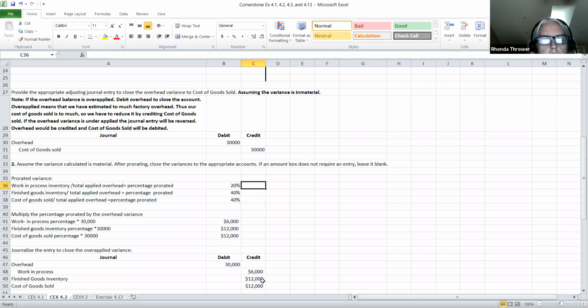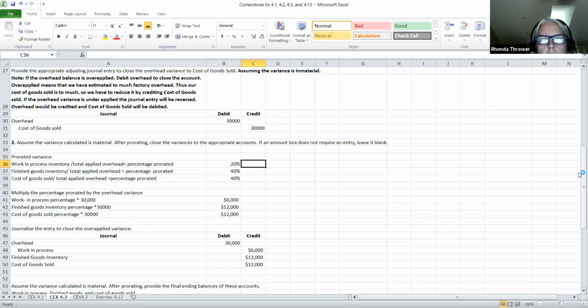That's going to reduce our finished goods inventory account. 40% of 30,000 gives you 12,000, which will reduce your cost of goods sold account.